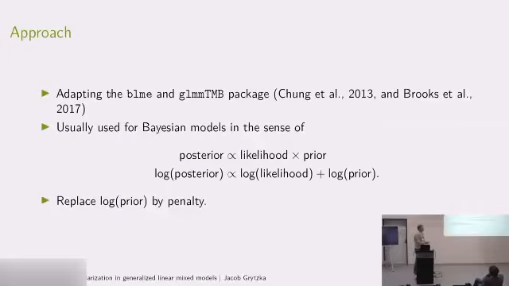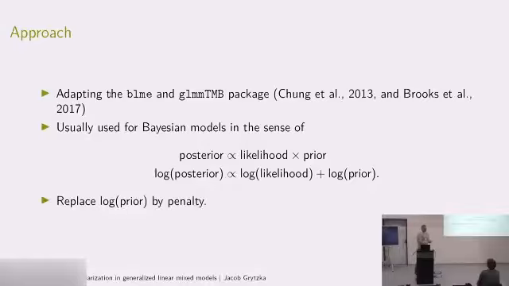What we have done is we take two R packages. We first take this BLME package, which is normally used for Bayesian models. And we have posterior is likelihood times prior. And then we took it to the log scale. So we have log likelihood plus log prior. And then we can replace the log prior with our LASSO penalty, and we can use these packages.